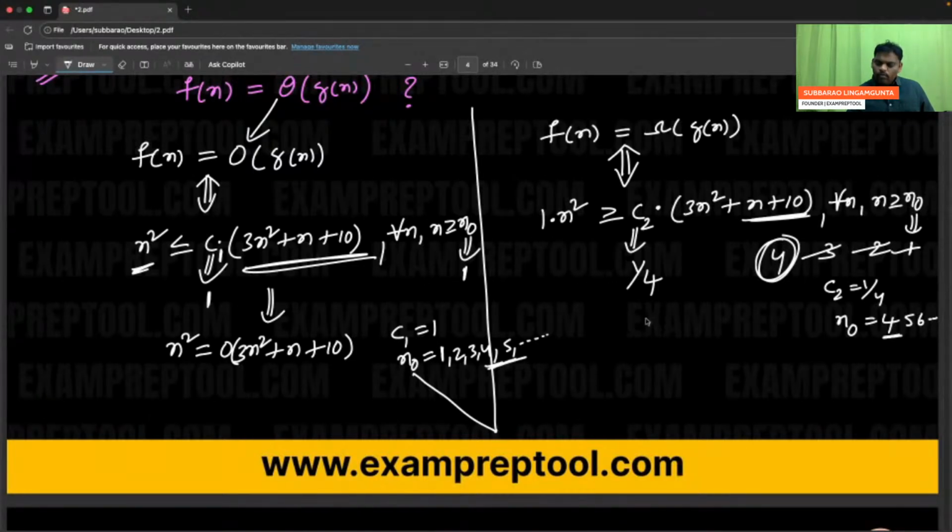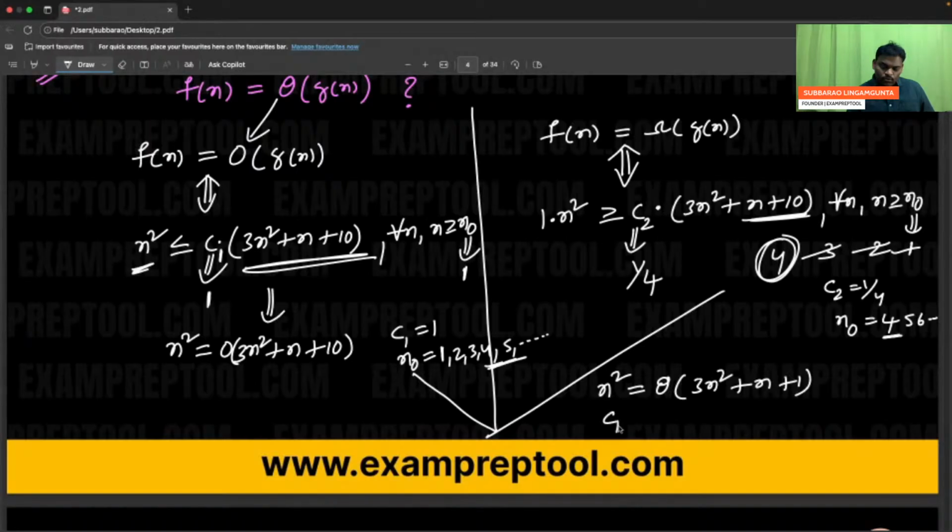So the final conclusion: I can say f(n), which is n², is theta of 3n² + n + 10, where C1 is equal to 1, C2 is equal to 1 by 4, and n0 is equal to 4. From 4 onwards, they both are working.